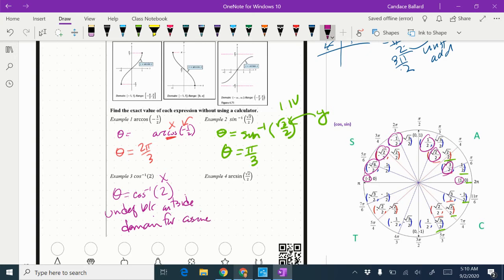Okay, arc sine. So we're going to say theta equals arc sine of square root of 2/2. Again, I'm looking in quadrants 1 and 4 only. And I'm looking for the y value to be square root of 2/2, because sine is the y value.